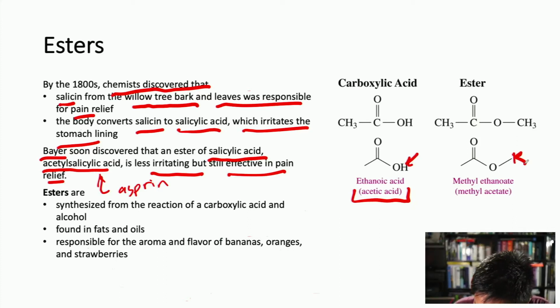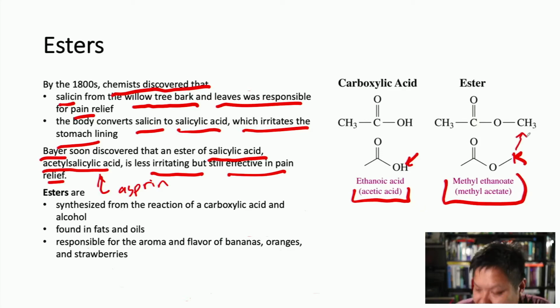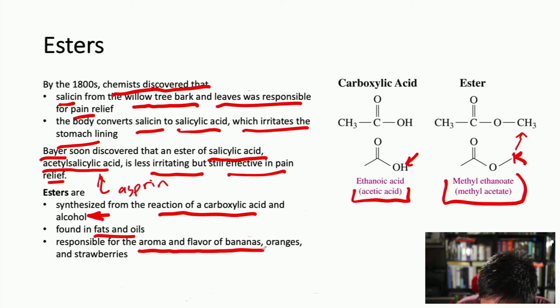In this case, for methyl ethanoate or methyl acetate, this R is a methyl group, right? So those are synthesized from the reaction of a carboxylic acid and an alcohol, right? They're found in fats and oils, and they're responsible for all the aroma and flavors of bananas, oranges, and strawberries, right? Those are esters. So everything you smell that's fruity is basically from an ester.